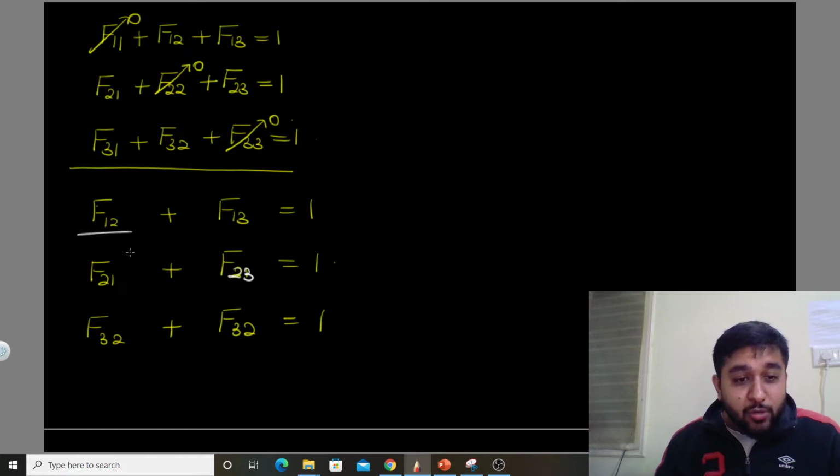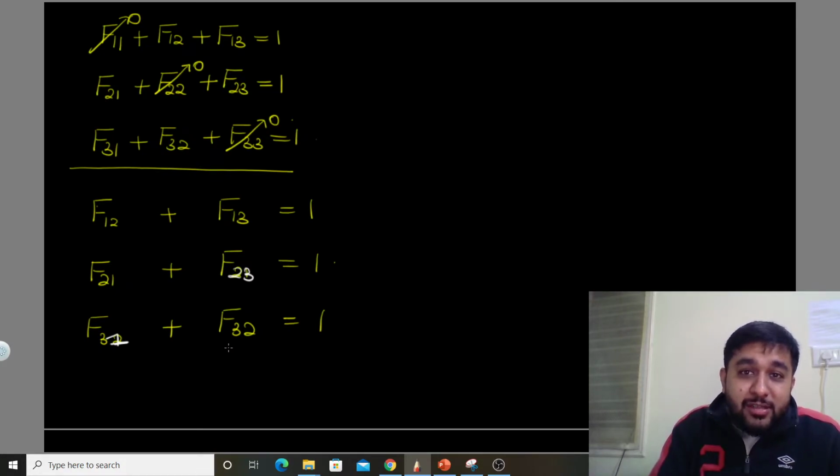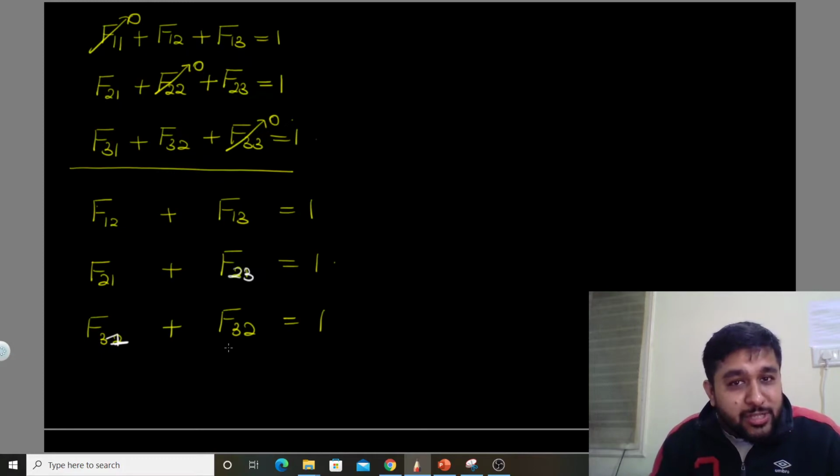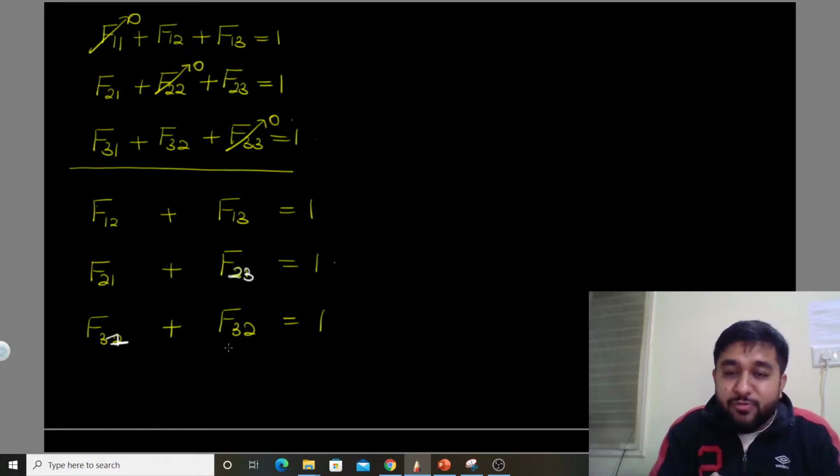So A1F12 is equal to A2F21, A1F13 is equal to A3F31, so this also I rectified. And in a similar way, A2F23 is equal to A3F32. So we have 3 reciprocity equations also. So from a total of 6 equations, we can find out 6 view factors.